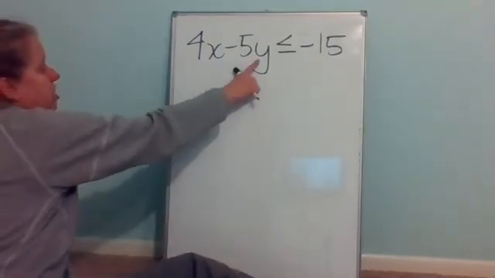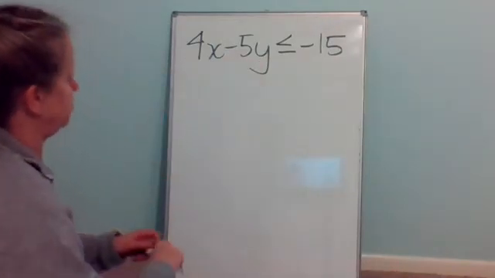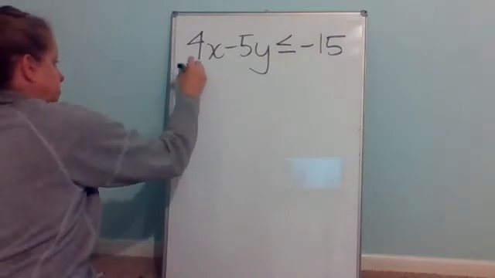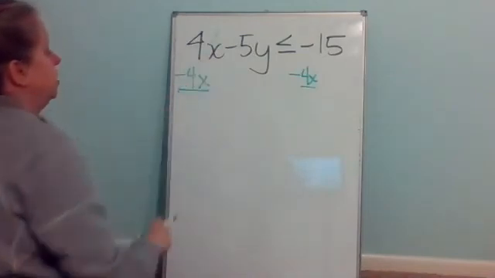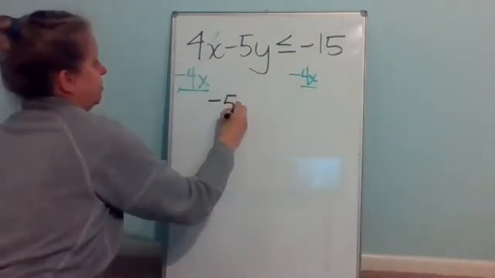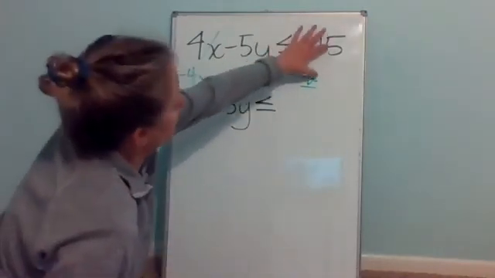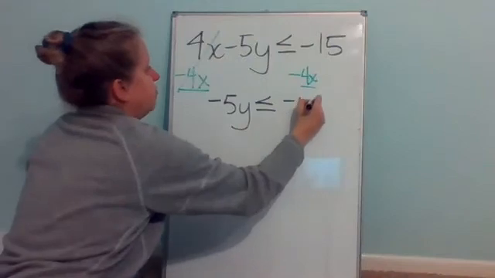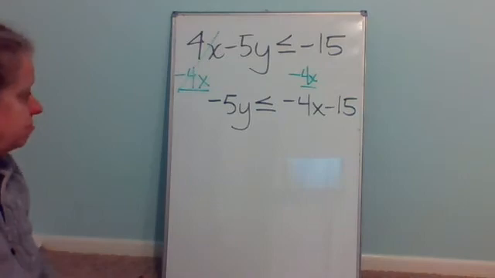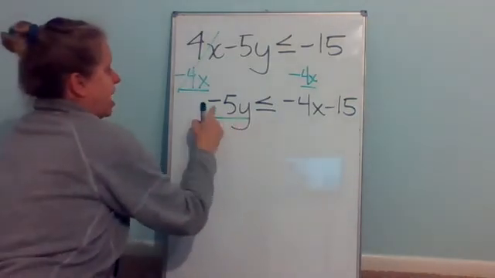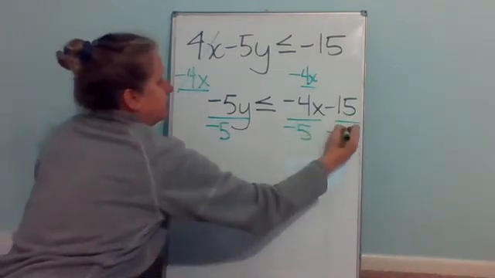So I first have to get this y by itself. I'm going to subtract 4x from both sides. So now I have -5y is less than or equal to -4x minus 15. Now I'm going to have to divide by -5 to get this y by itself.